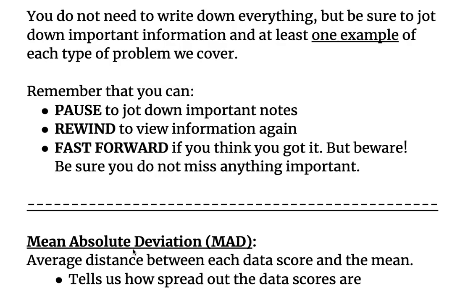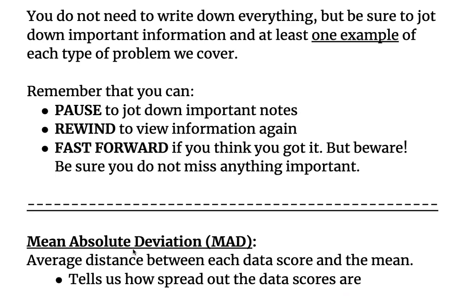So the mean absolute deviation is the average distance between each data score and the mean. So the MAD, by using this calculation, tells us how spread out our data scores are. Because once we figure out the mean, or the average, and we figure out how far away each data score is from the average, it'll tell us how spread out the data scores are.